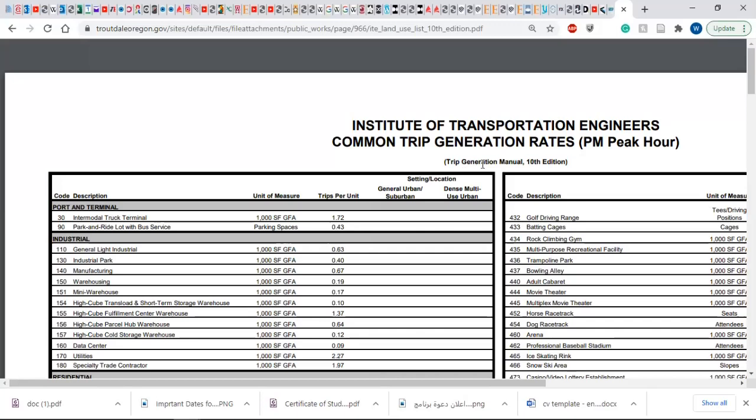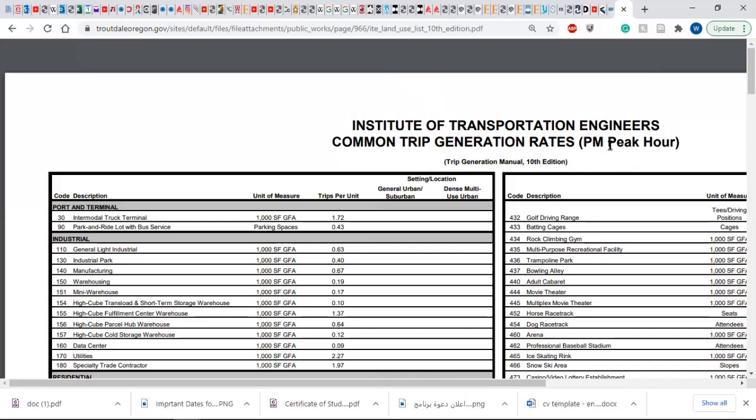This is a file from the 10th edition, okay, from the trip generation manual, that's the ITE trip generation manual 10th edition, and that's the Institute of Transportation Engineers.